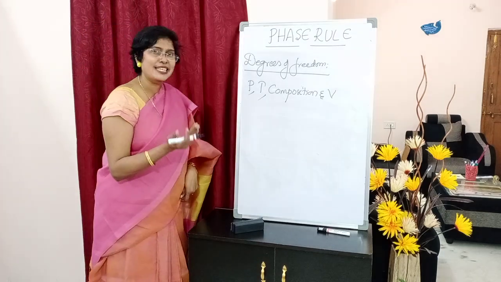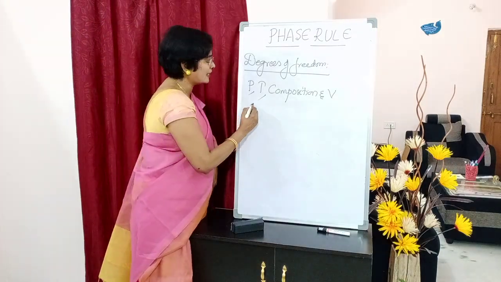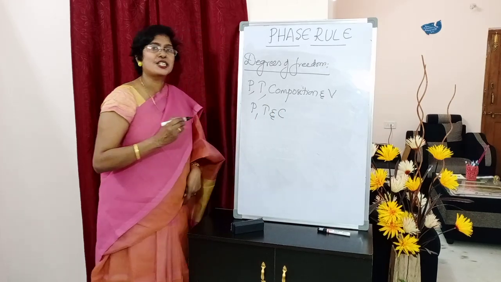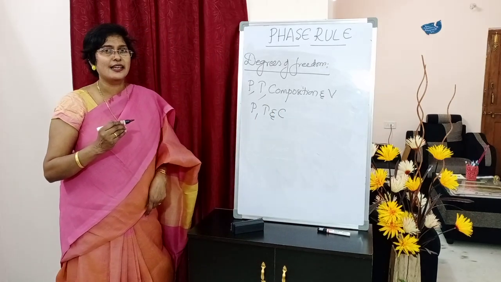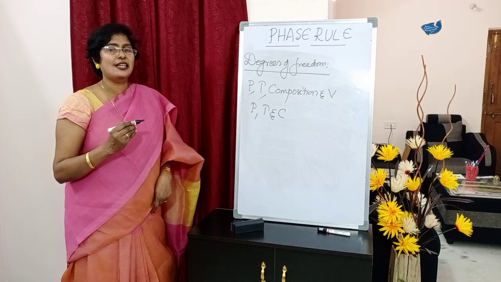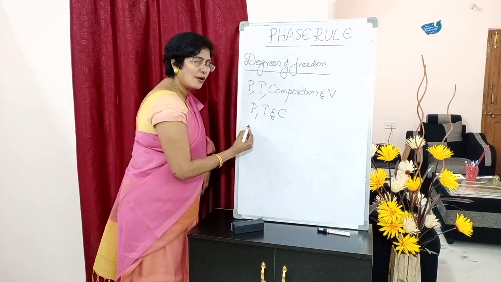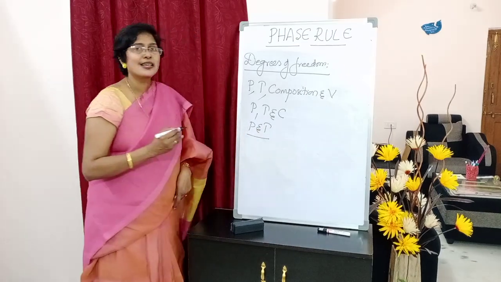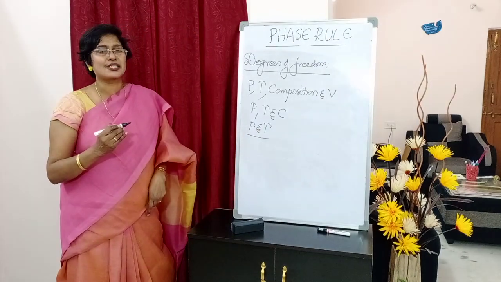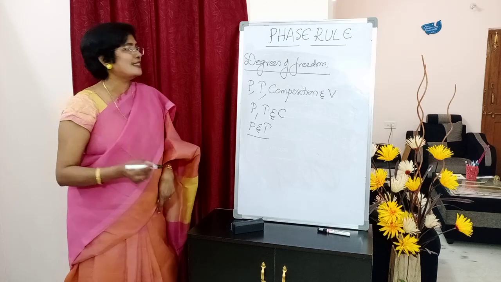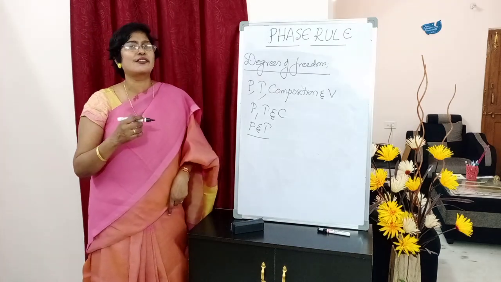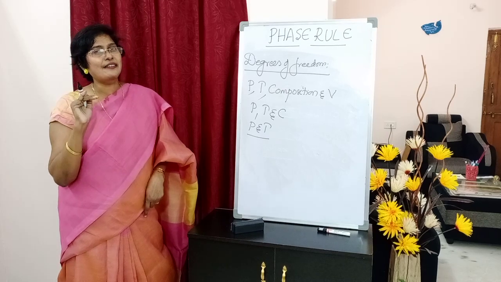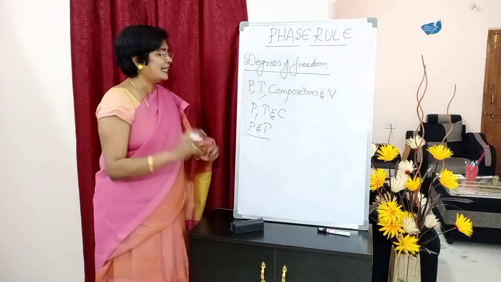Out of these 4, most frequently pressure, temperature and composition are used. And among these 3 also, for one component system, we use these 2 factors, pressure and temperature. So, for 2 component systems, we will take composition or concentration into consideration. Understood? Clear, students?